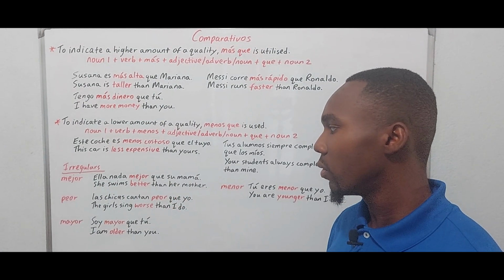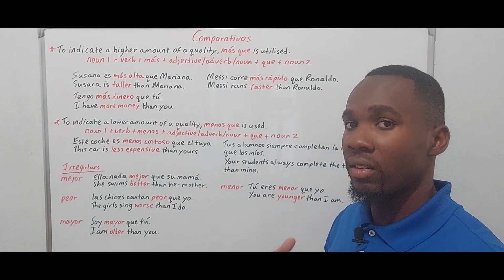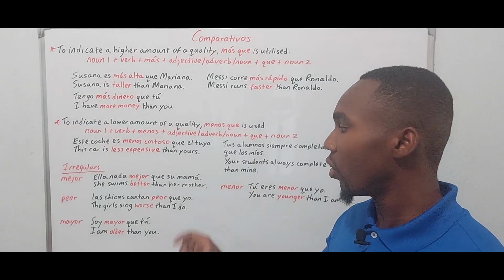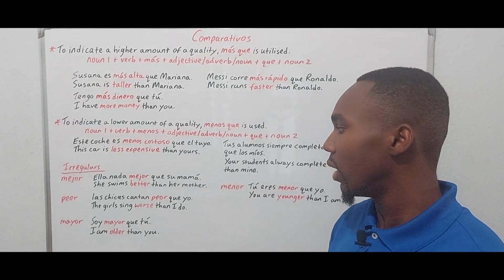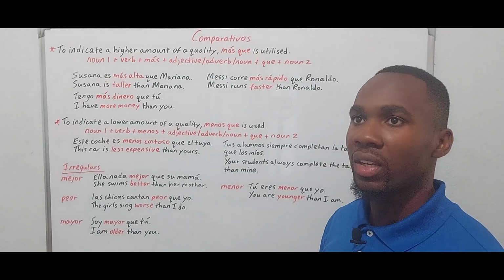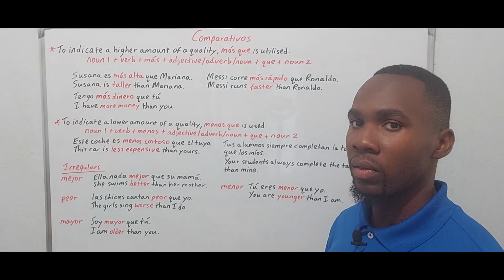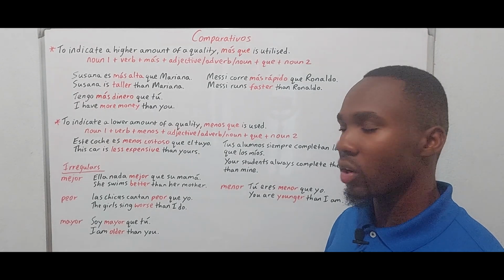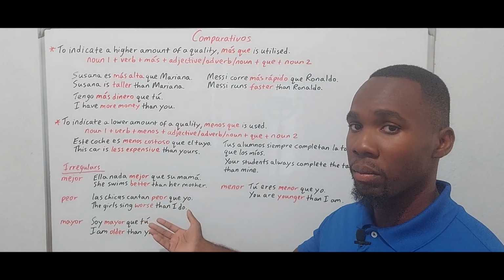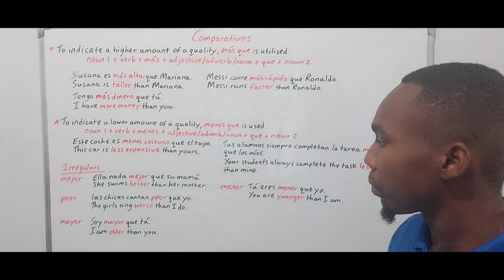Mayor. That refers to age, not size, age. So, soy mayor que tú. I am older than you. We can also say más viejo, but that is not very common. It's more common to say mayor. But if you say más viejo, it's not wrong. All right?